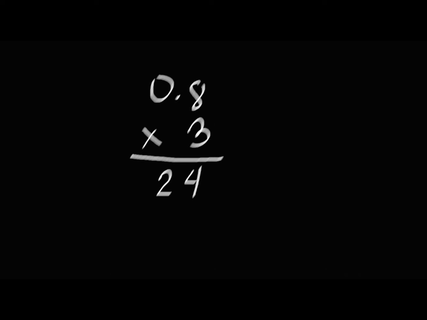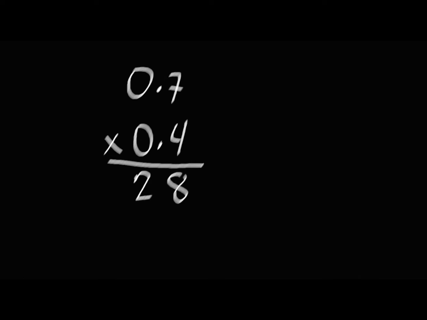We have only one decimal place. It's only 8. Therefore, there must also be one decimal place in our product. So we will put our decimal point here. So the answer to the problem is 2 and 4 tenths. Next example.